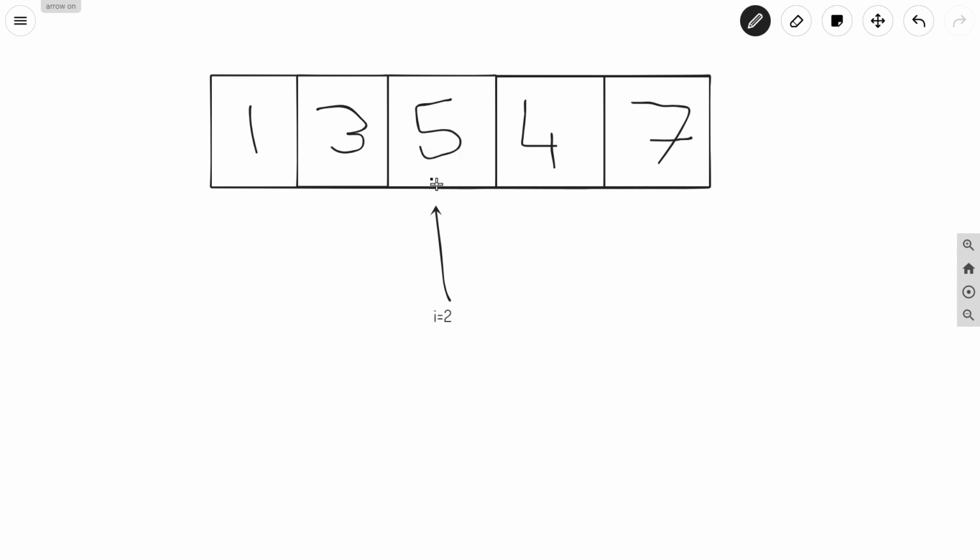For this index, we will iterate over the left part of the array, and somehow we are going to store the length of the longest increasing subsequence ending at each particular index on the left side of this index.